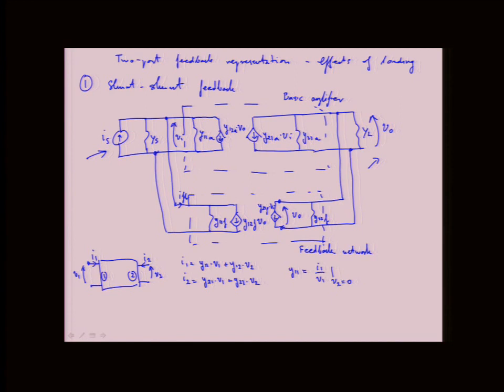Y12 is I1 over V2 when V1 equals 0, so if I short port 1, apply voltage at port 2, and measure the current in port 1, I get Y12. Correspondingly, Y21 is I2 over V1 when V2 equals 0, and finally Y22 is I2 over V2 when V1 equals 0.